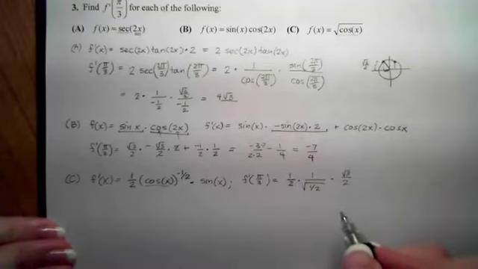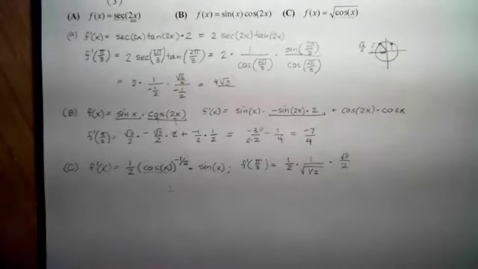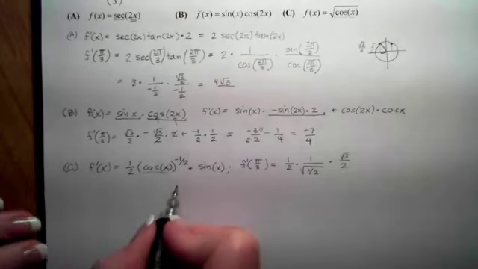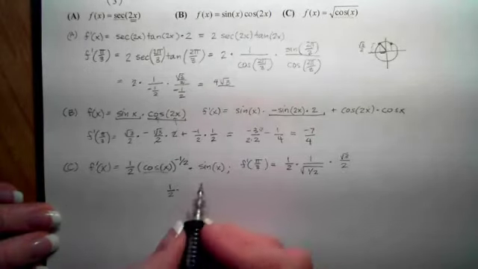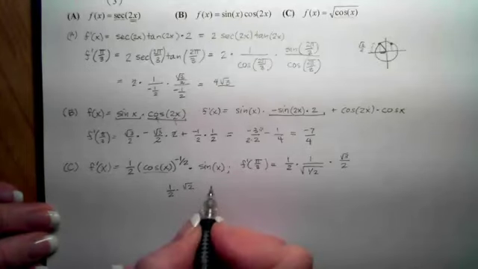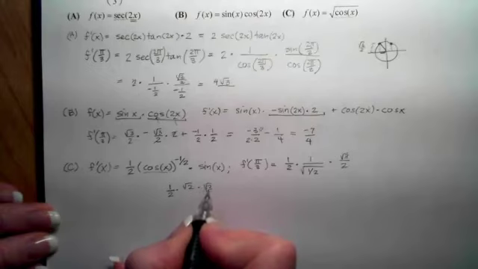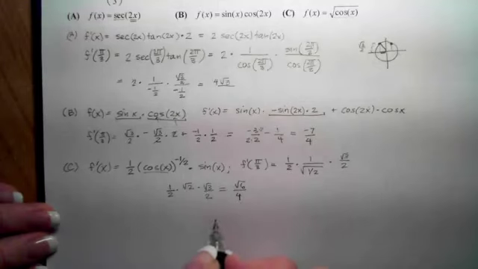Now to simplify this, we need to first realize that dividing by the square root of 1/2 is the same as multiplying by the reciprocal of that, which is a root 2, times a root 3 over 2. We can see on the top that we get a root 6, and on the bottom we get a 4.